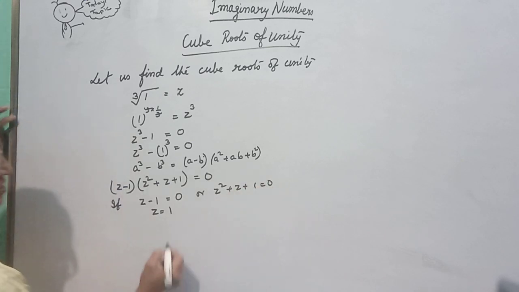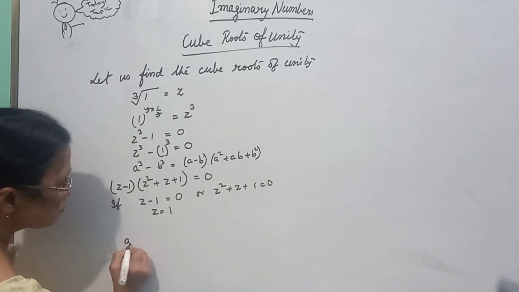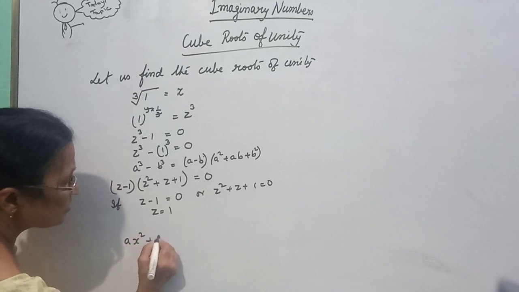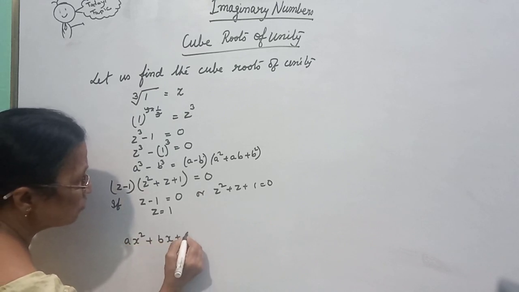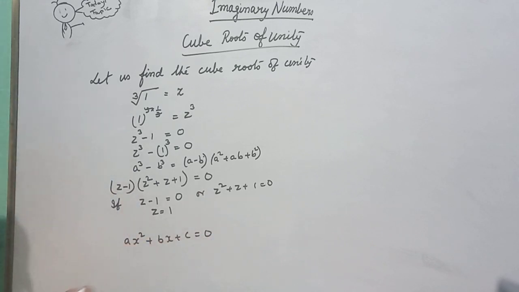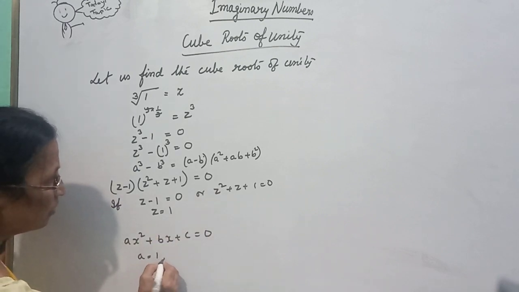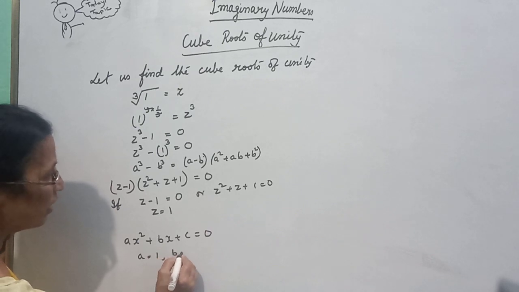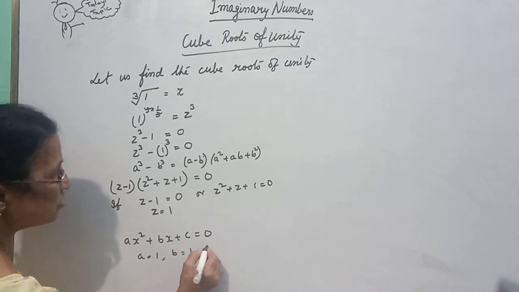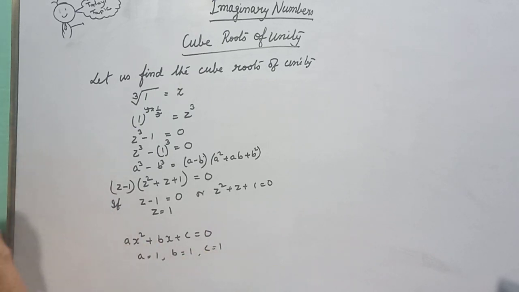This is of the form ax square plus bx plus c equal to 0, where a is 1, b is 1, and c is also 1.